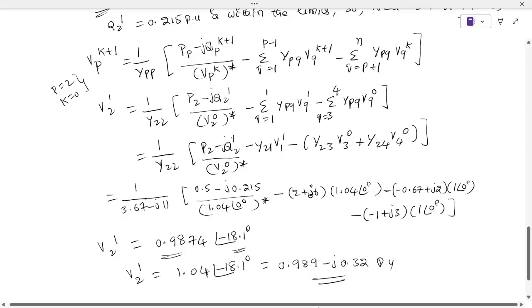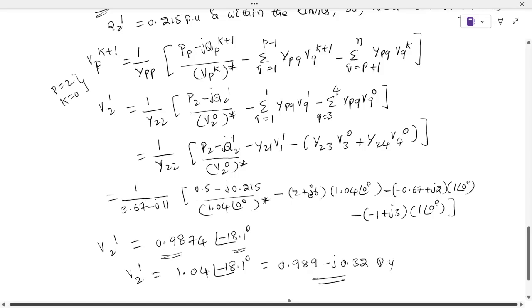So the Q value we have calculated, and we have checked with the condition, so the condition is satisfied, that is within the limits. So now we are treating that bus as a PV bus. For PV bus V is specified, then we need to calculate the voltage angle. So for that we are calculating the complete voltage value.